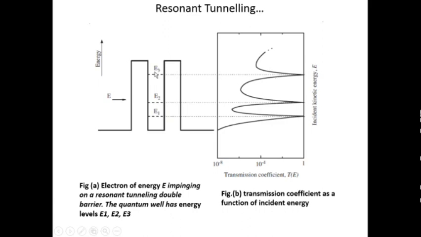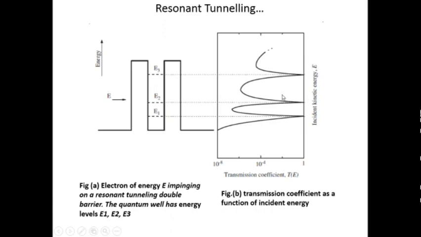Again, for the energy level E3, the width of the resonant tunneling peak increases further. So it means that the width of the resonant tunneling peaks increases with the energy levels.